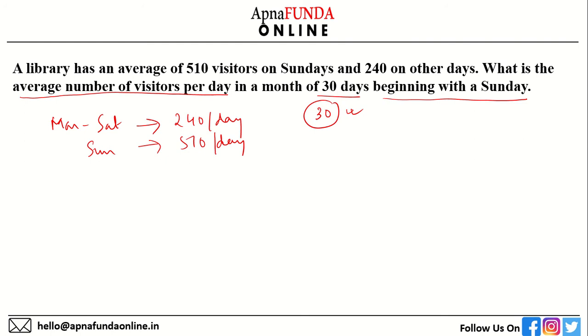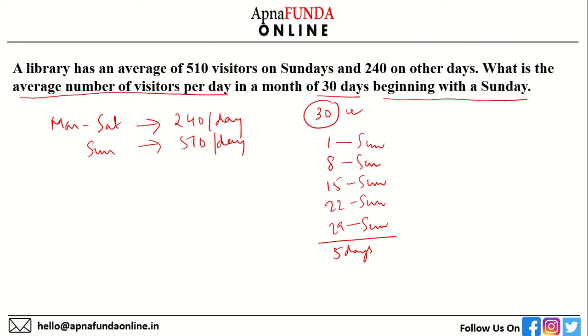So the first is a Sunday, plus 7, which is 8, is also a Sunday, plus 7, 15 is also a Sunday, plus 7, the 22nd is also a Sunday, plus 7, 29 is also a Sunday. That's it. Correct?